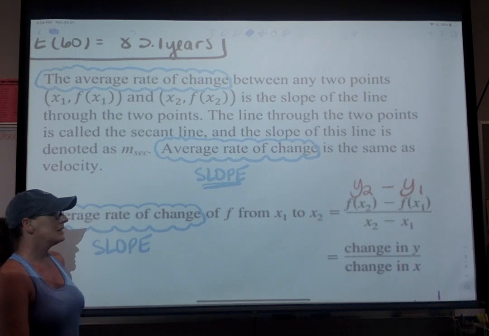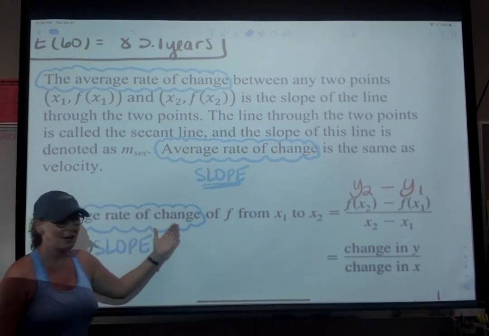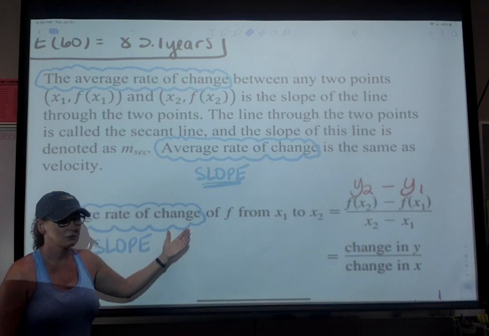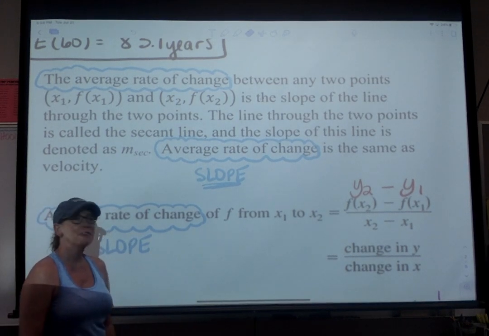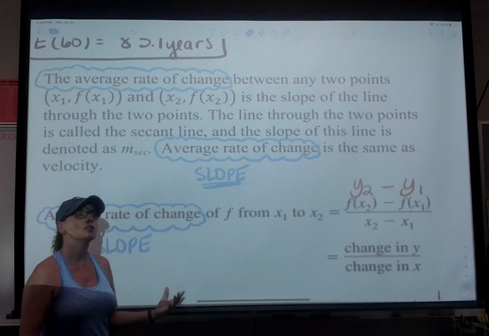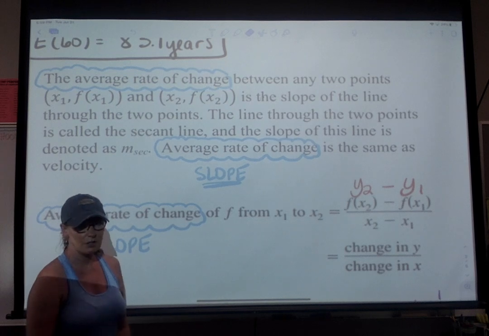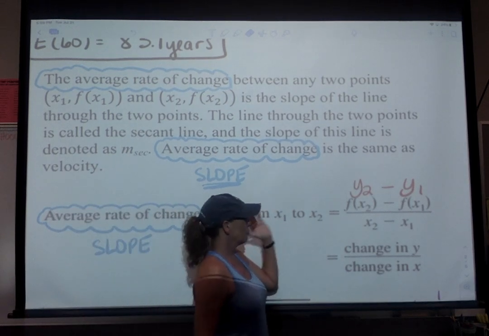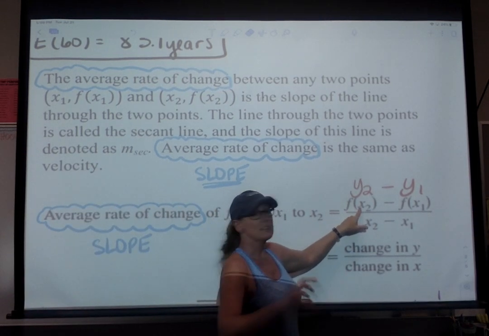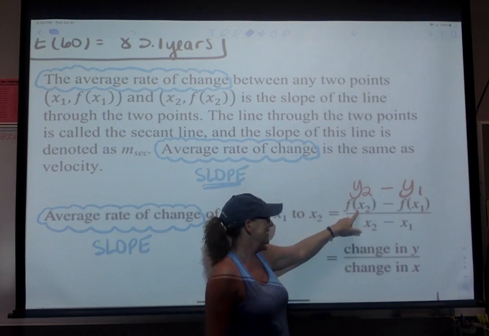Now, here is a formula to find average rate of change. Wait, why do you need a formula to find average rate of change if it's just slope? You don't. Now look, this is in function notation. Not a big deal.